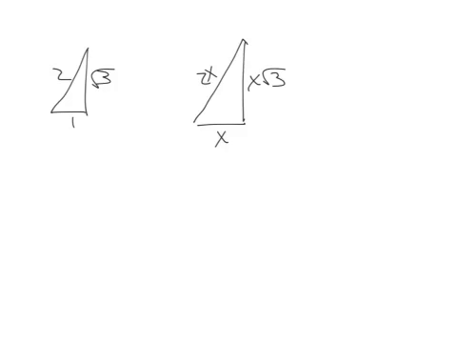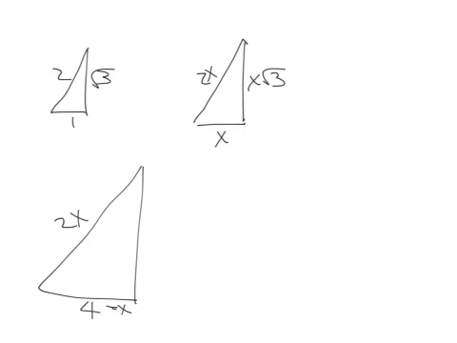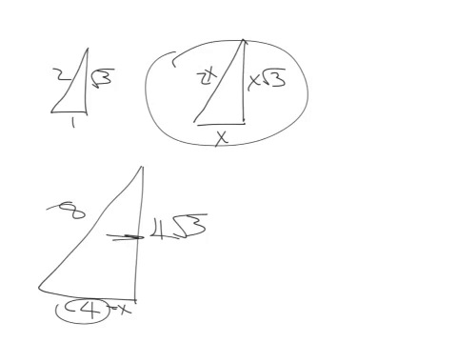Because then, if they say, okay, the length of this bottom here is 4. Well, if I know this one is 2x, and I know this equals x, then I know automatically that this one is 8, and this side here is always going to be whatever x is times the square root of 3. So I use this, and that helps me a lot as far as solving this.